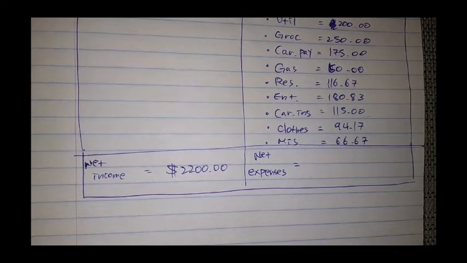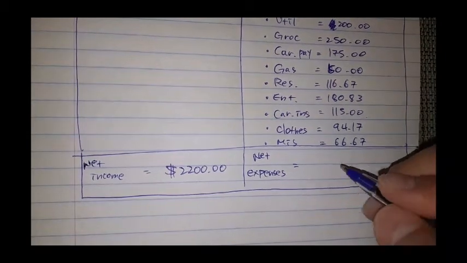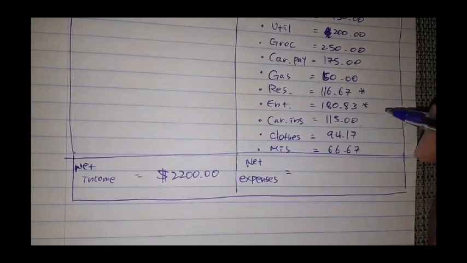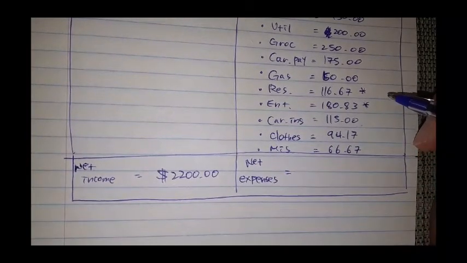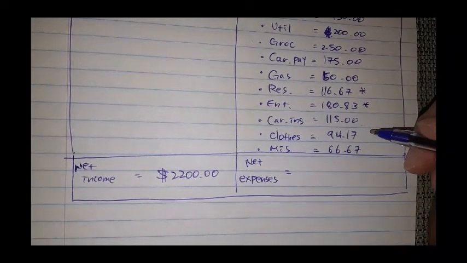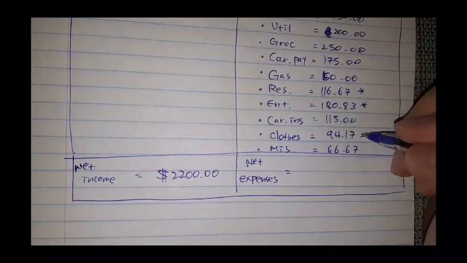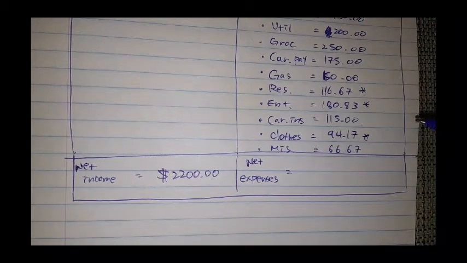Yeah, it is correct. Just for the heads up, in the textbook, it seems like the restaurant value and entertainment value were somehow printed wrong. And it seems like it's rounded up for clothing too as 100 and miscellaneous as 100.